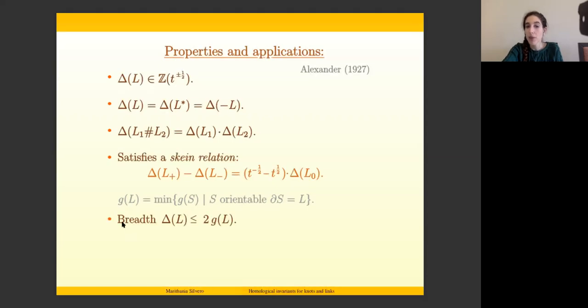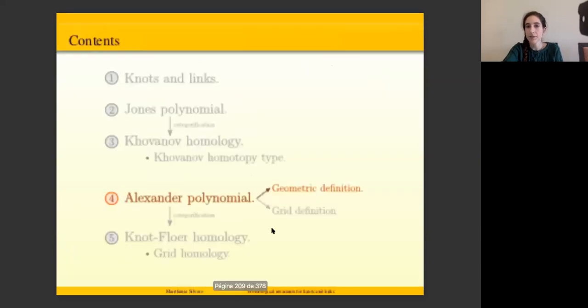The breadth of the Alexander polynomial is less than or equal to 2 times the genus of the link. The breadth, I mean the maximal minus the minimal power of the polynomial. If a knot is fibered, then the Alexander polynomial is monic. So these are some properties.